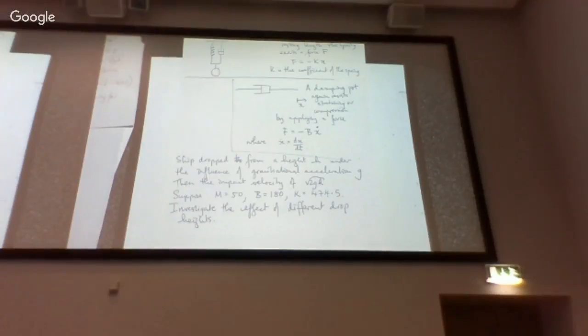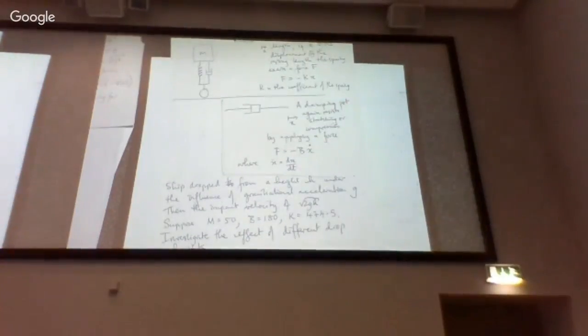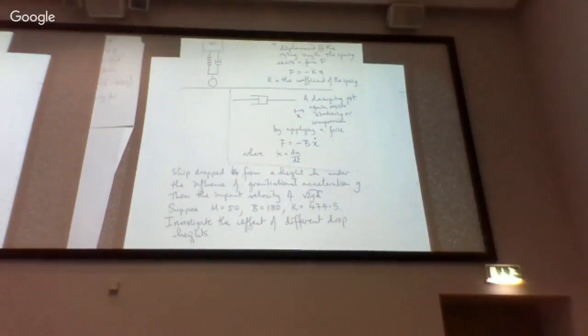But when it impacts the surface, then the spring and the damping pot are going to come into play. The spring will be like suspension, so it will stop the mass crashing into the planet or coming to an immediate halt. So it will allow the mass to bounce around a bit, and the damping pot will stop it bouncing around too much. It will provide some kind of braking on the bouncing around. Okay?